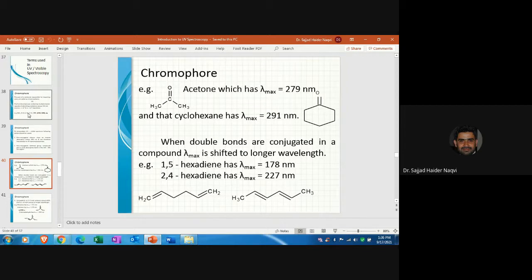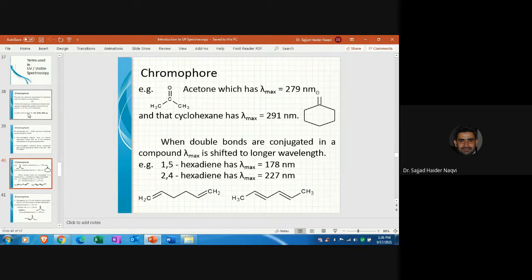You can see the examples given here. One example is acetone, which has the maximum absorption at 279 nanometer. Then we have another example of cyclohexane, where the maximum absorption is at 291 nanometer.